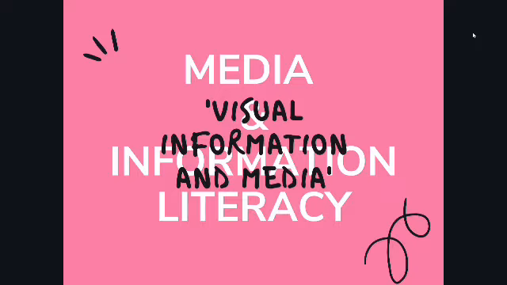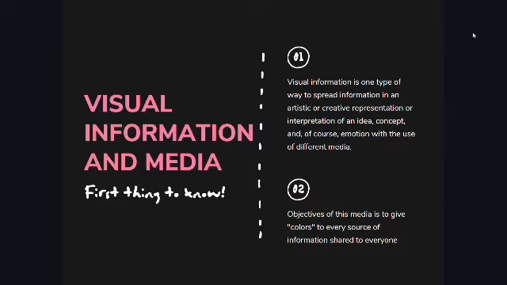And our topic for today is all about visual information and media. Now, before going deeper into the lesson, let us all know the very essence of visual information and media. The first thing to know is that visual information is one type of way to spread information.